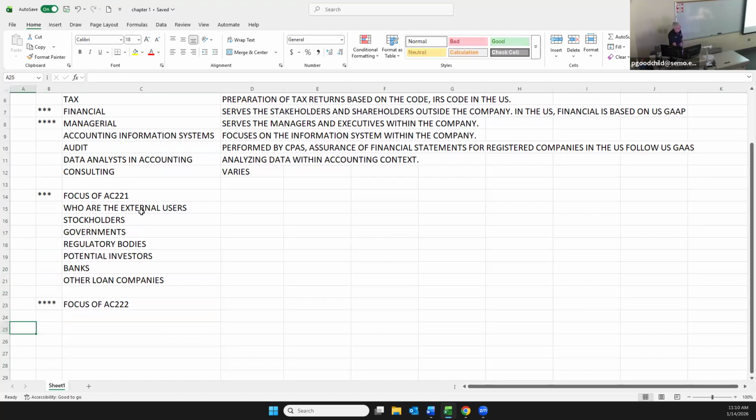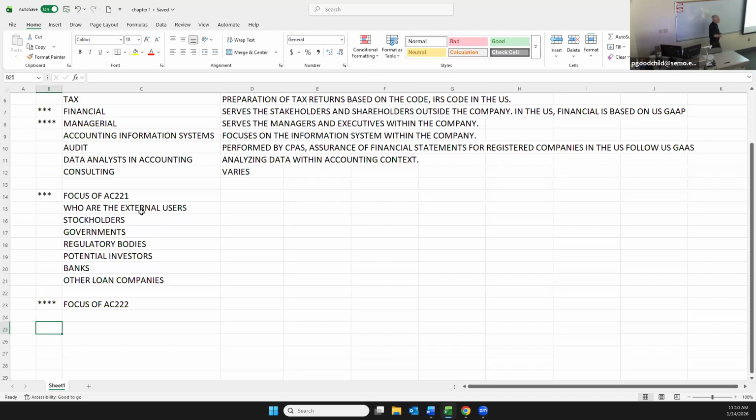So we won't talk about that, but managerial is what you get in AC222. So we have to follow a specific set of rules for producing these financial statements. The financial statements are external. Now, just because they're external doesn't mean that we don't use them internally. Obviously, a lot of our metrics for our executives are based on the financial statements, but they are produced primarily for external users based on the regulations required of the SEC.